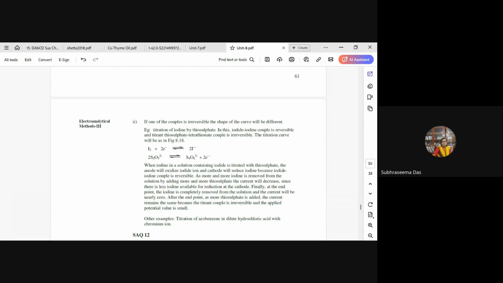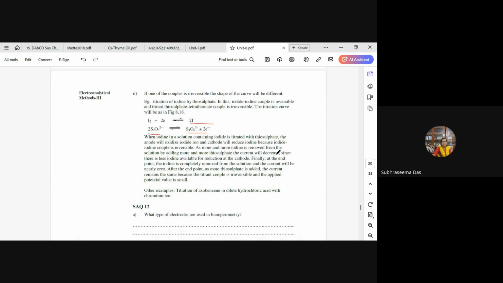So the titration curve will be the one shown in figure 8.18 if the couple is irreversible in nature. The equations involved are I2 becomes 2I minus, and the thiosulfate changes to tetrathionate plus 2 electrons. When iodine in a solution containing iodide is titrated with thiosulfate, the anode will oxidize the iodide ion, and the cathode will reduce the iodine, because the iodide-iodine couple is reversible.